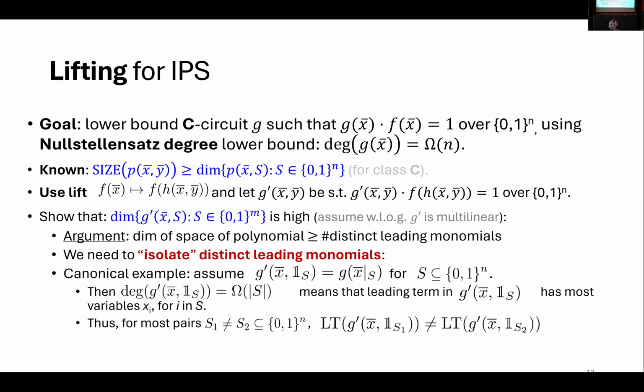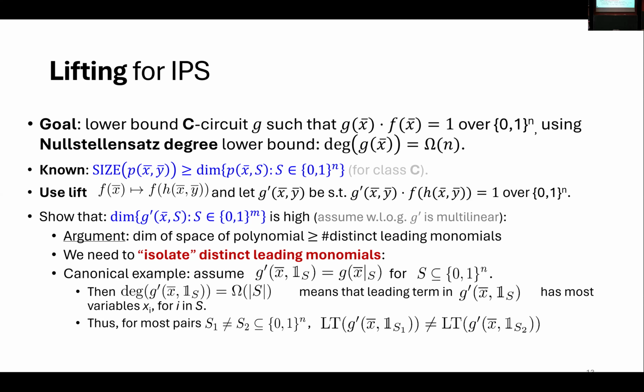So now we have 2 sets of variables, X and Y. Maybe I also increase the number of variables to make it happen like this. So let G prime of X, Y be such that G prime times F after the lift is equal to 1 over the Boolean cube, right? So I just lift and I consider the same strategy, the same refutation. So the refutation of the instance after the lift. So it's now G prime. It has both X and Y.